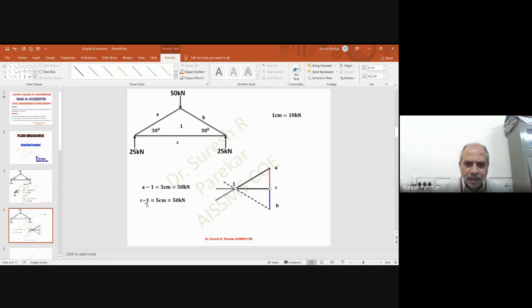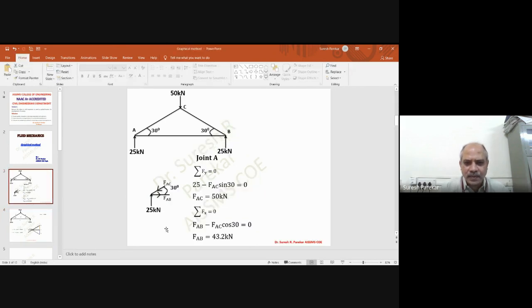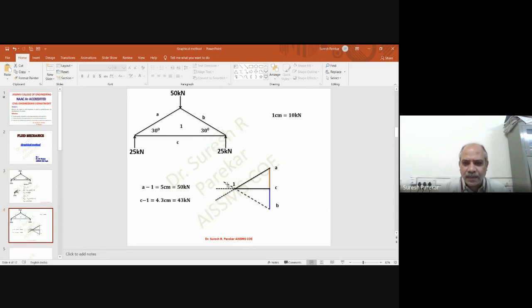You can see over here. So we have this as 4.3 centimeters, and from this we will get 43 kilonewtons. And now you can see by using this we have 43.2 kilonewtons. Then B1, we are going to get the same. If we measure it, B1 we will get as 5 centimeters and we will get a value of 50 kilonewtons.